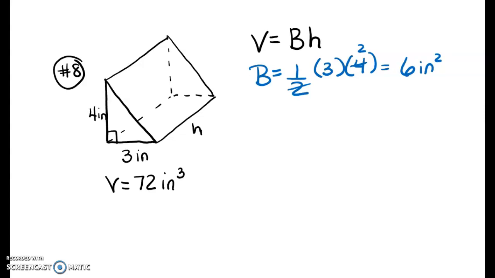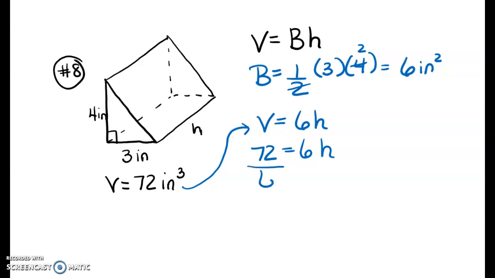So when I put that in my formula, I get 6 times h. I'm going to replace my volume with 72 inches cubed. And when I divide both sides by 6 to solve for h, I get h equals 12 inches.